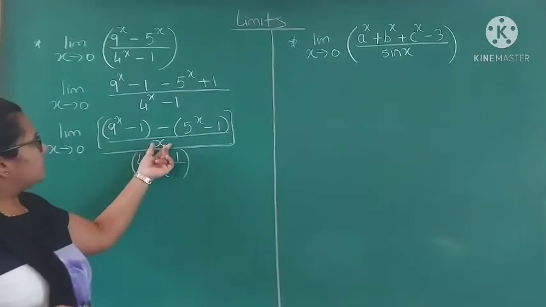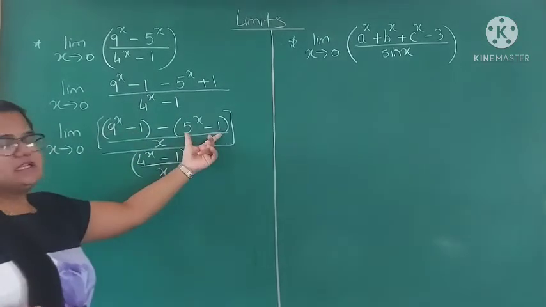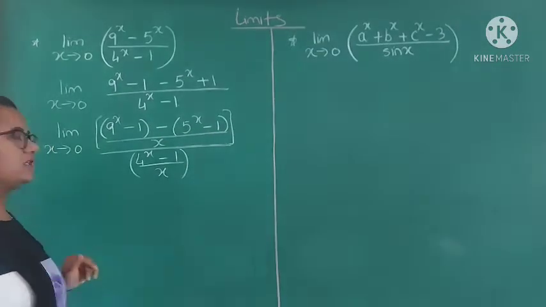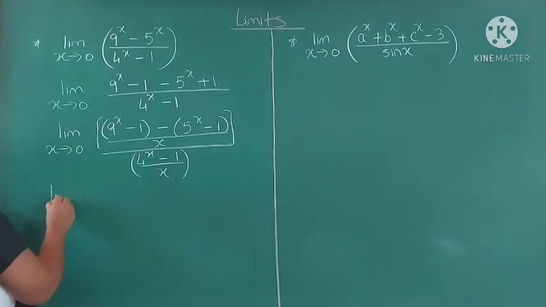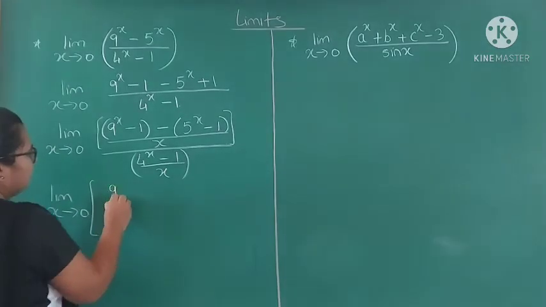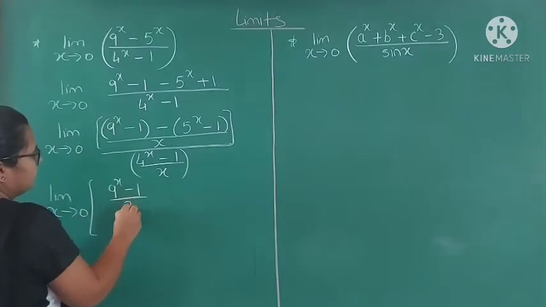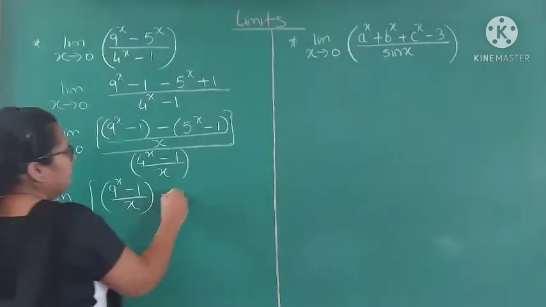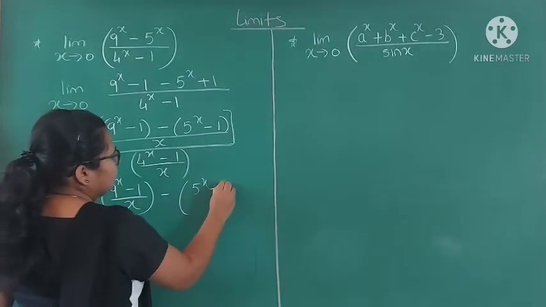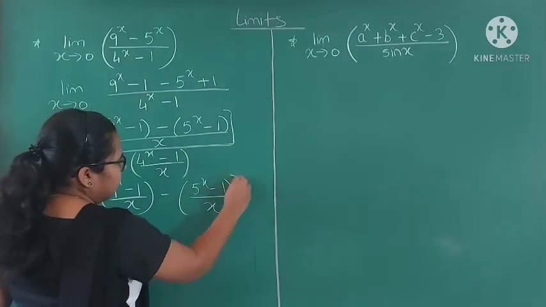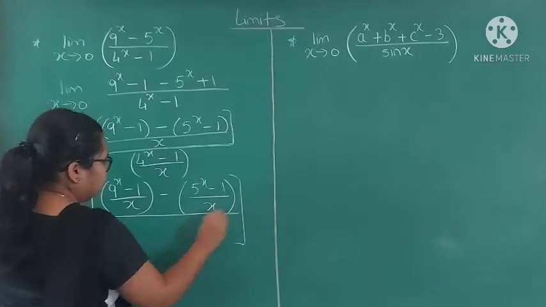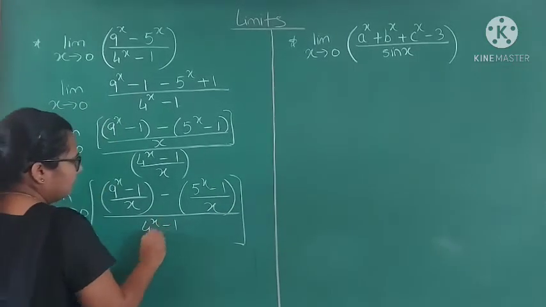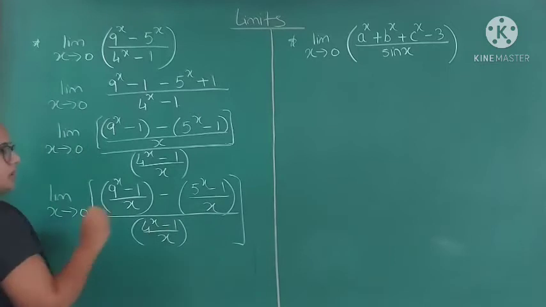So now we can separate this x with this term as well as this term because there is a subtraction sign in between. Therefore what we get is limit as x tends to 0, 9 raised to x minus 1 upon x your first term, minus 5 raised to x minus 1 upon x second term, divided by 4 raised to x minus 1 upon x.